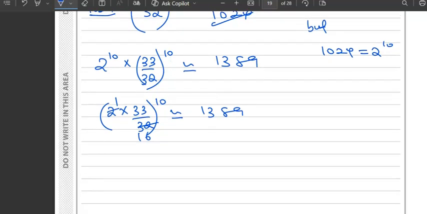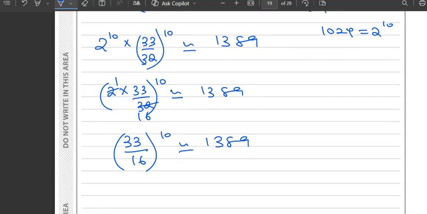So we are going to have simply (33/16)^10 approximate of 1389. For us to get rid of this power 10, we can take the 10th root of both sides.